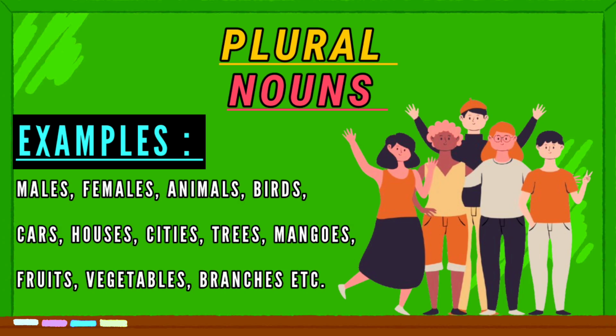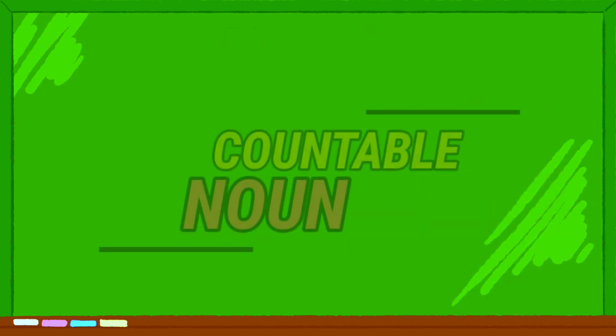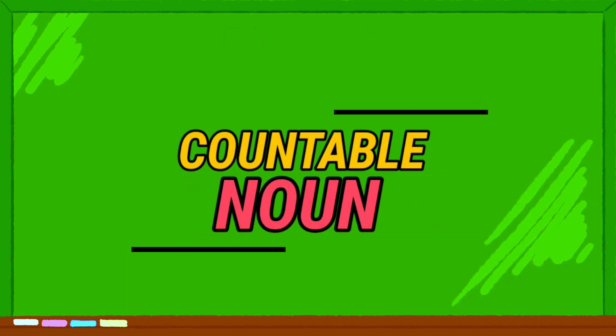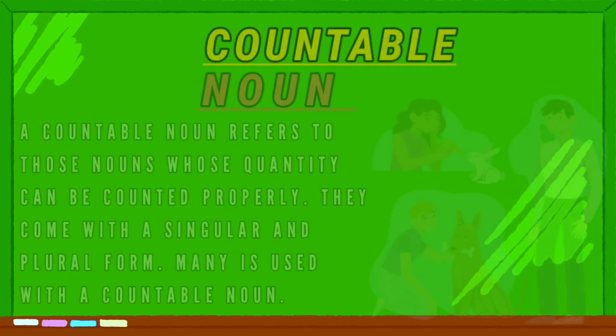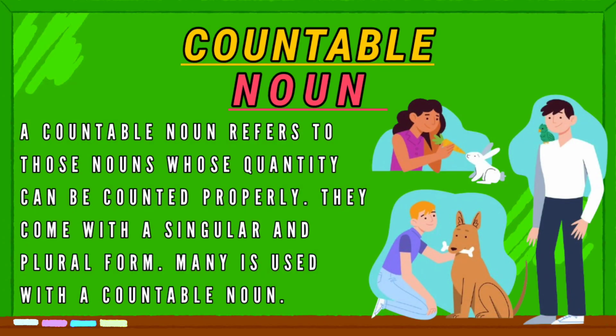Well, after discussing the part of plural nouns, now we are gonna delve into the portion of countable noun. So what is it exactly? A countable noun refers to those nouns whose quantity can be counted properly. They come with a singular form as well as plural form.